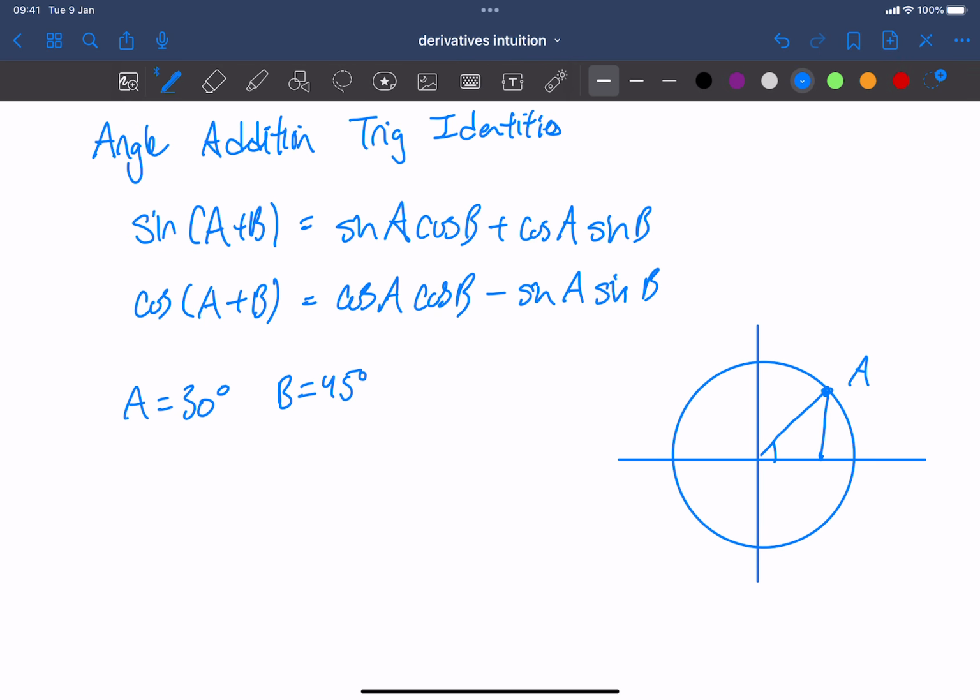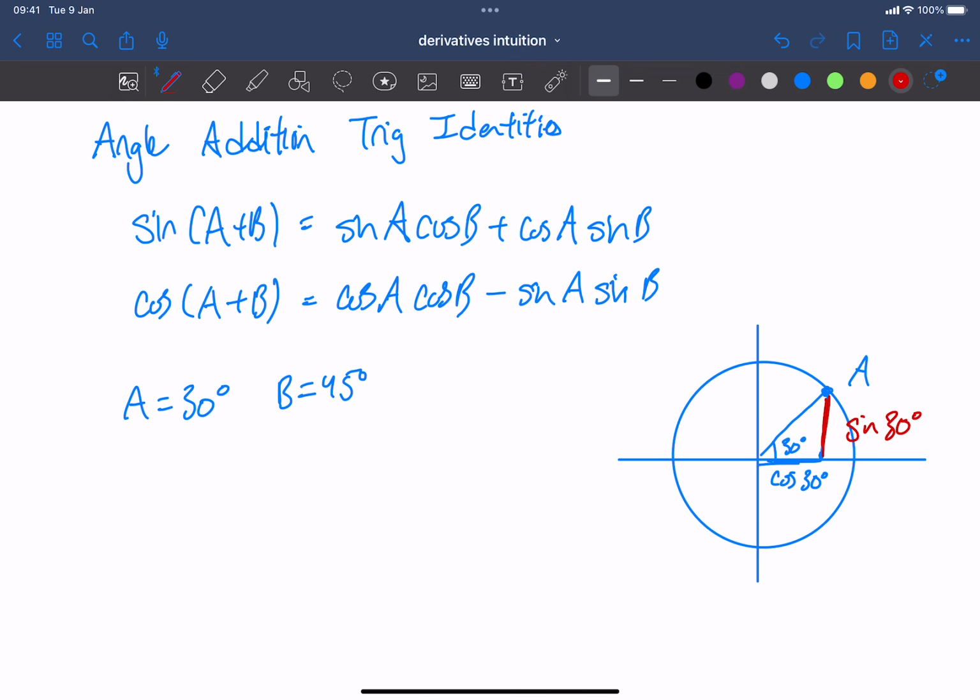Let's say this angle is 30 degrees, for example. To find this point, you would do cos 30 for the horizontal component, and to find the vertical component, we would use sine of 30. This is what point A is. The hypotenuse is just the makeup of cos 30 degrees and sine 30 degrees.